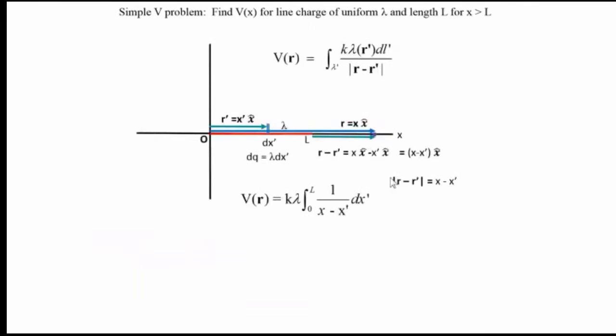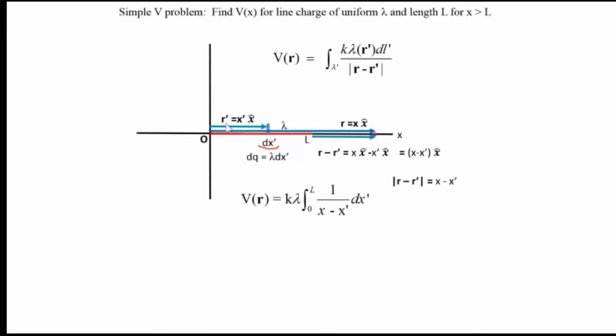The reason that I'm doing this simple problem is I want to identify the various elements that are in the integral. So here are our definitions. Lambda is the charge density over that line of charge. And we pick a little element of length. This would be our dl prime, and we'll call that dx prime because it's along the x-axis.